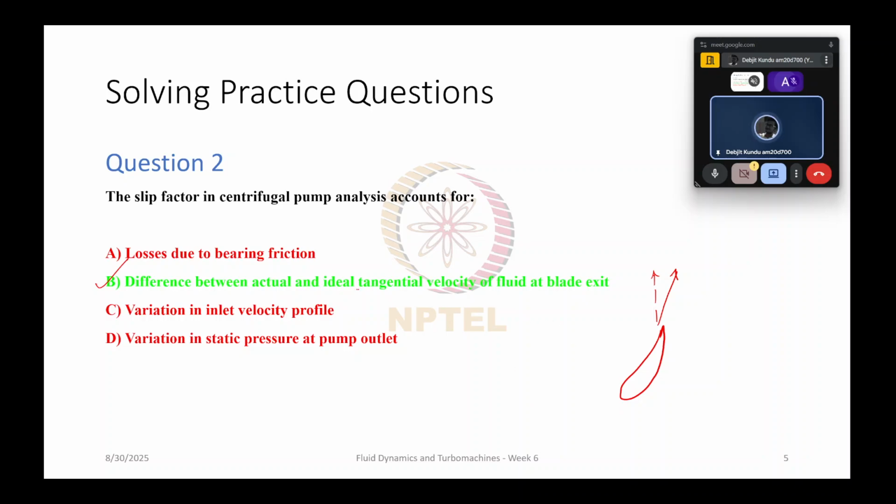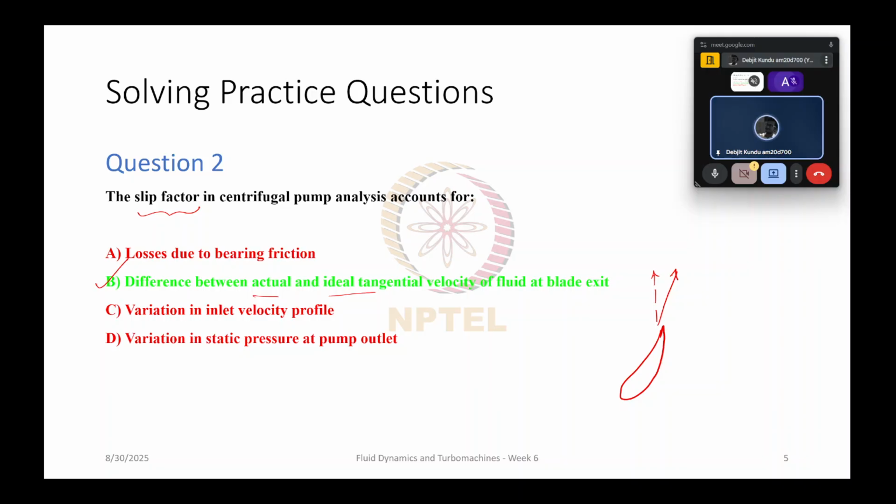So the actual tangential velocity and the ideal ones are different, and as a result, this brings in additional losses, and an error creeps into the efficiency or power delivery that we can compute using the Euler's equations. So there is a mismatch between the two, and that is what the slip phenomenon does, and the slip factor captures that.